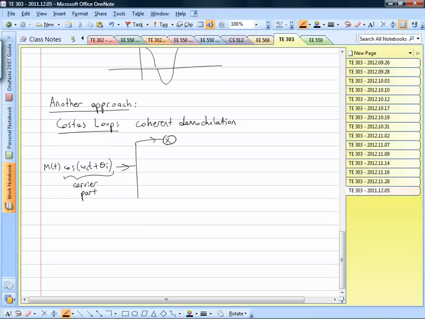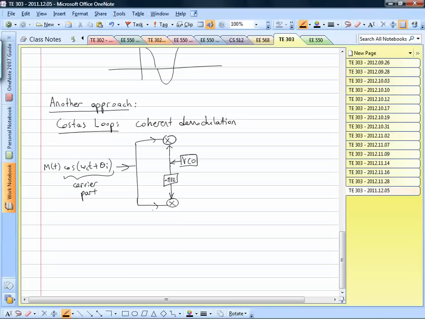So you need a multiplier here. Now you have a VCO here, a voltage controlled oscillator that generates the cosine term for you, the carrier, and we have a phase shifter, which will turn it into a sine.